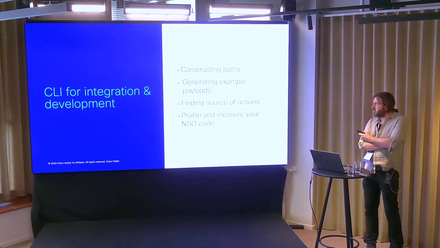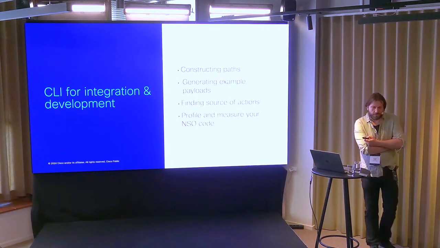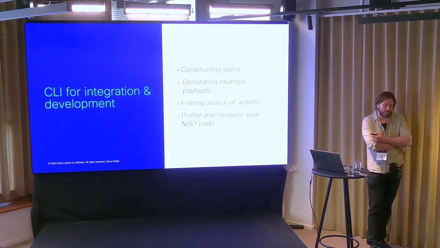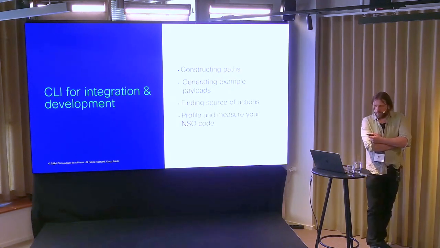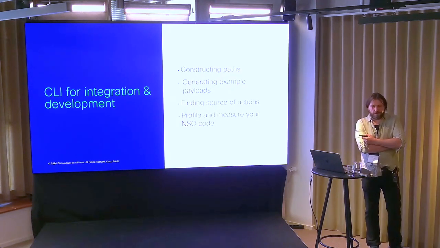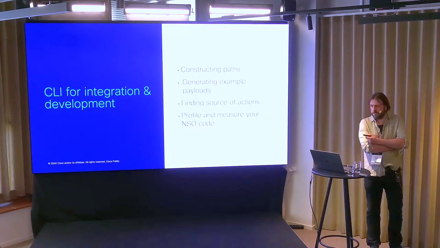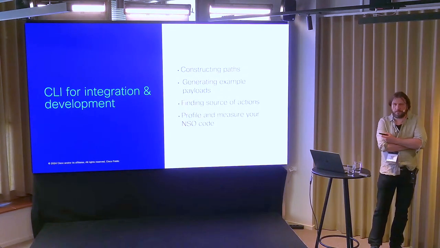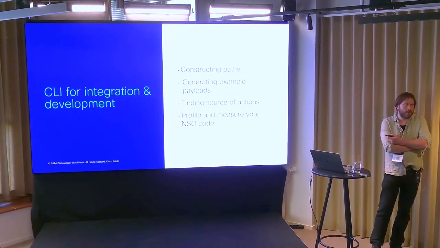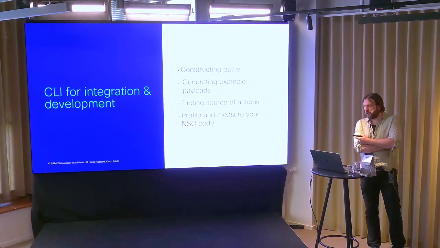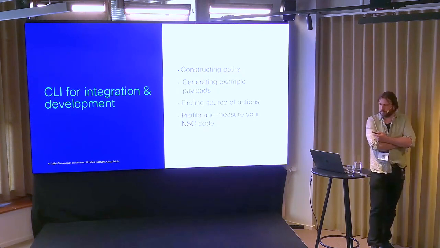The most common example for using CLI is when you are going to provision something through a northbound system. You create a dummy example in the CLI and you save that XML or JSON and use that as a basis for your payloads. This I won't go through because you see it in all our examples, in our example selection, and I'm focusing a bit more on the things that are less obvious.